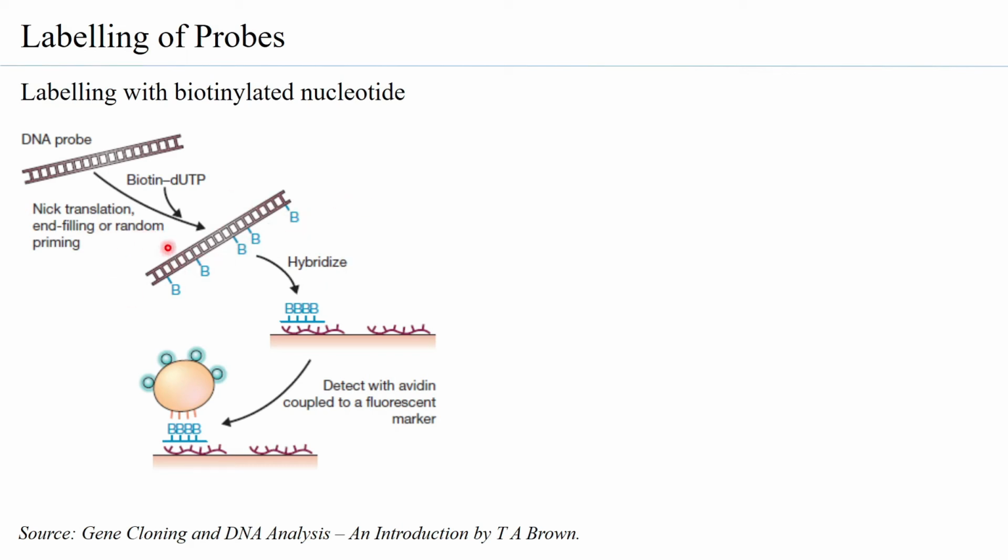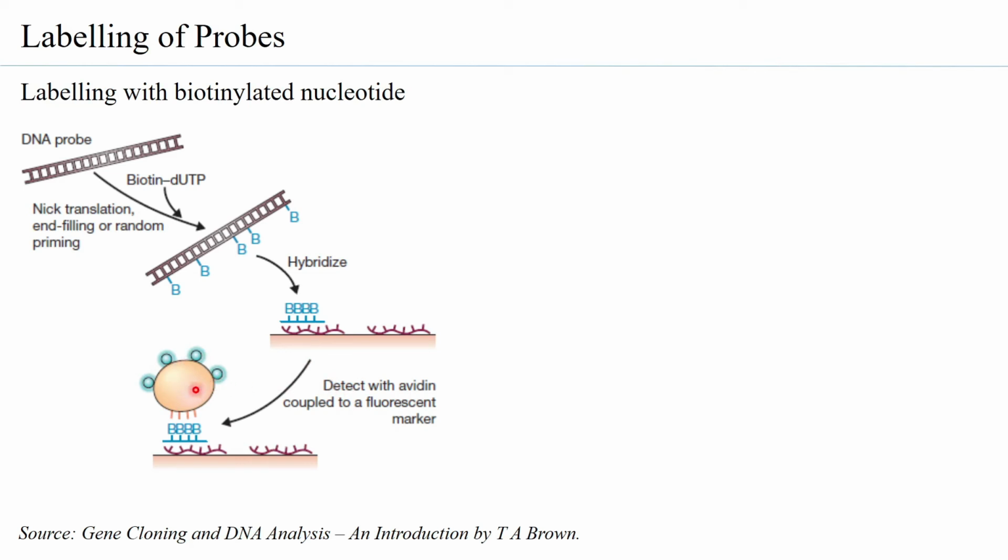When you allow this biotinylated probe to bind to an immobilized DNA on the nylon membrane, it will go and bind wherever there is complementarity. It will not bind to all DNA, only to that DNA which has complementary base pairs. Now, after washing, to detect where the biotinylated probe has bound, avidin is added, and this avidin molecule is attached to several fluorescent markers.